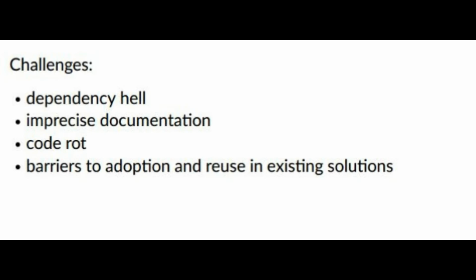Another thing is imprecise documentation, because the modules of code that we use are not commented properly and do not have enough explanation within the code. We also have code rot, which means that certain modules of code are not used continuously and hence they just keep on staying in the entire application without being used. And the fourth problem is that we face barriers in adopting the same application and then reusing it in newer ways.